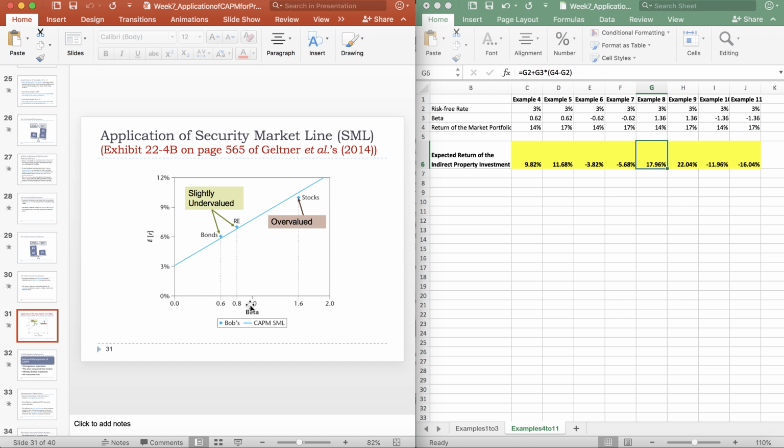The horizontal axis shows the beta risk and the vertical axis shows the return. The blue line here shows the security market line, based on the calculation of the capital asset pricing model. This security market line divides the beta risk and return space into two areas.